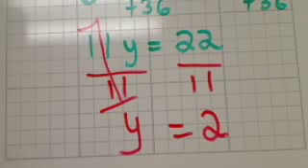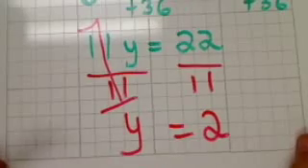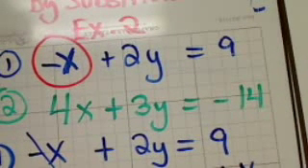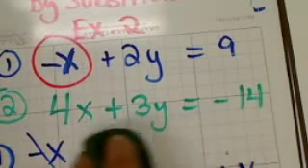So all of that work, and now I've got y equals 2, but I still have my two original equations. So what am I going to do with that? Well, I'm going to take that y value and put it into either of my equations to find the x value that corresponds to it.